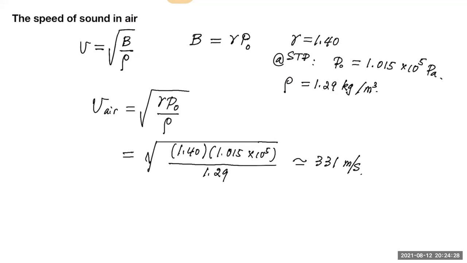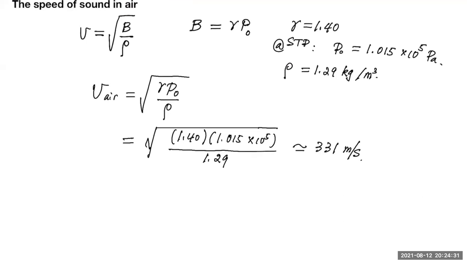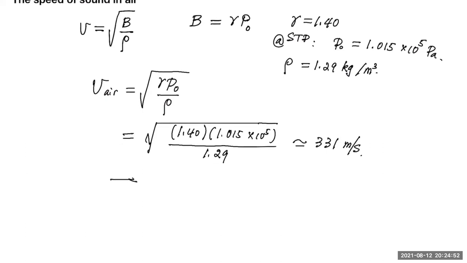Once we have this precise relationship, you will find that there is a correction to the 331 meters per second, which is only valid at STP, so that when the temperature is higher or lower than that, you have a general expression for the speed of sound in air, which is now a function of temperature. I can write down the formula for you. You will see the details in a later chapter in thermal physics.